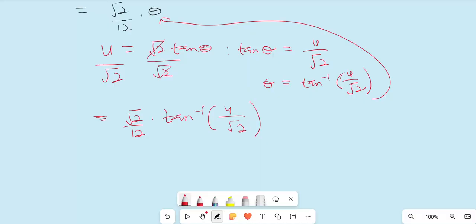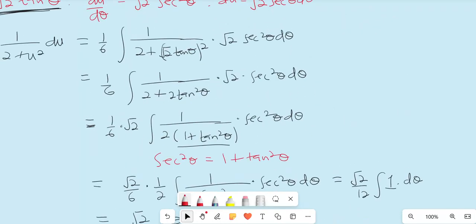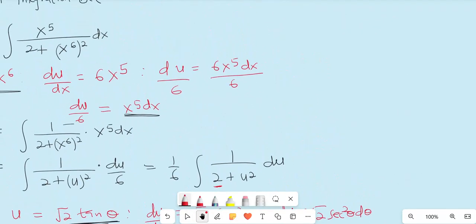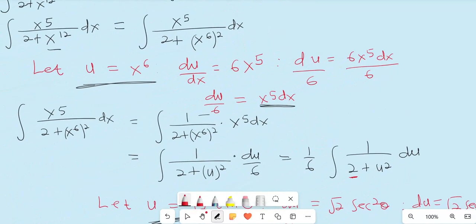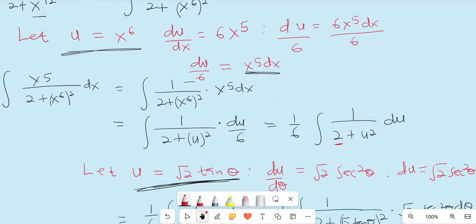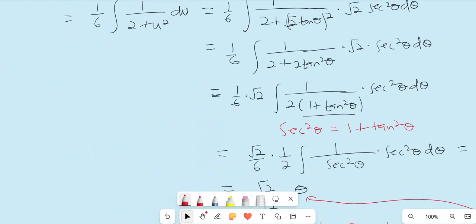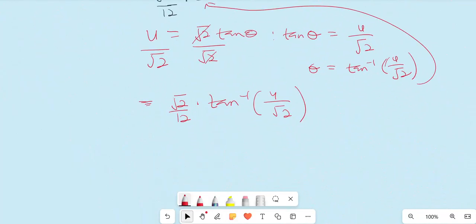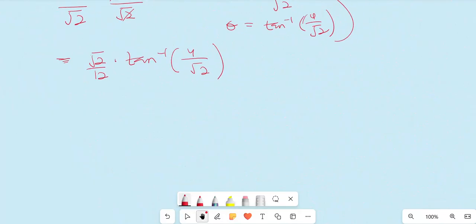We now have to move from the u world back into the x world. So what's u in terms of x? All the way up, u is x to the 6. So wherever we see u, we just plug in x to the 6.